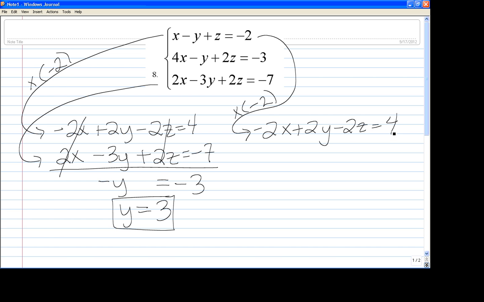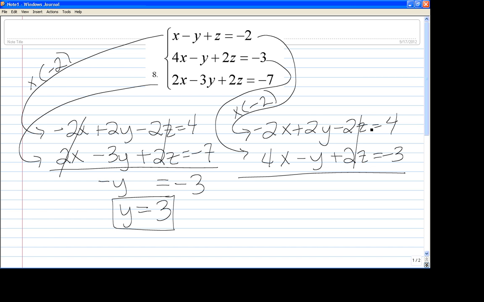And then I can take that second equation, draw an arrow here, and that's 4x minus y plus 2z equals -3.